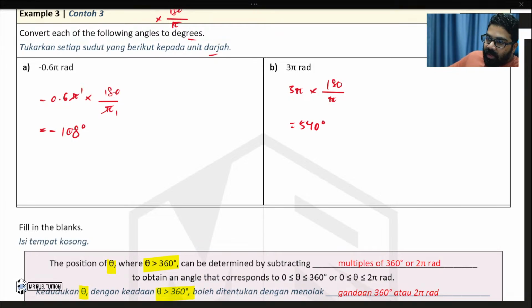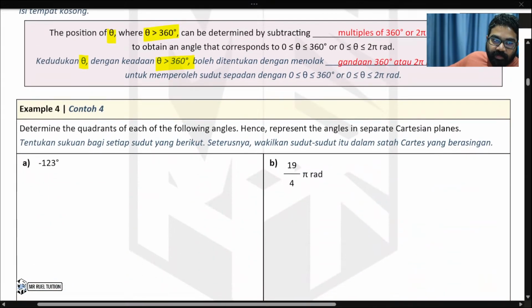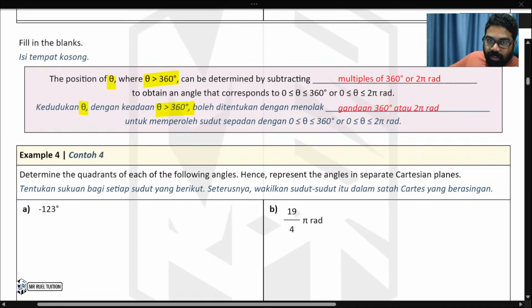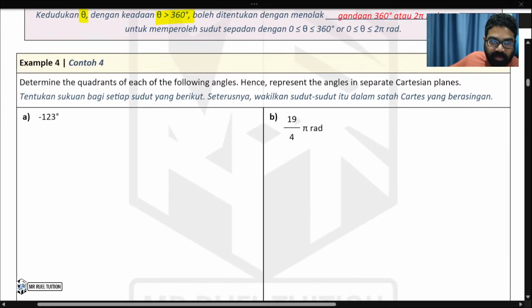Okay, alright. So first we start with negative angle. Ini tunggu sekejap. We look at negative angle first. So determine the quadrants. Tentukan sukuan bagi setiap sudut yang berikut. Hence represent the angles. Wakilkan sudut dalam satah Cartes.